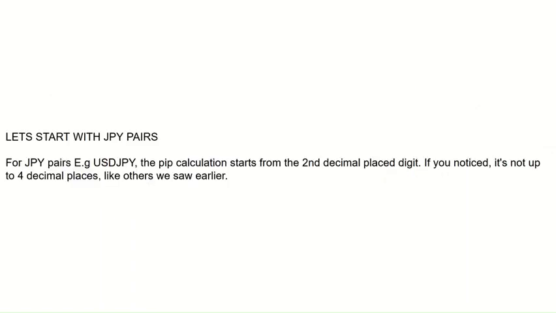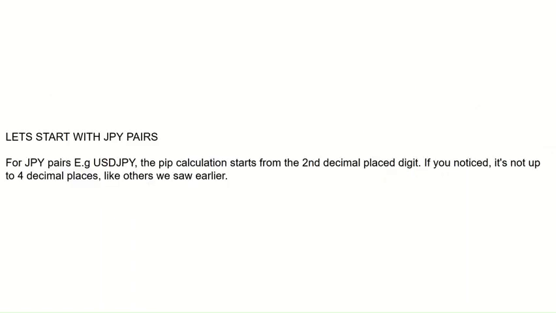What you also notice here is that it has just two numbers after the decimal point, while in the previous examples they have four numbers after the decimal point. And in the previous ones, like I've said, they are calculated from the fourth decimal place digit, while for USD/JPY and JPY pairs in general, they are calculated from the second decimal place digit.